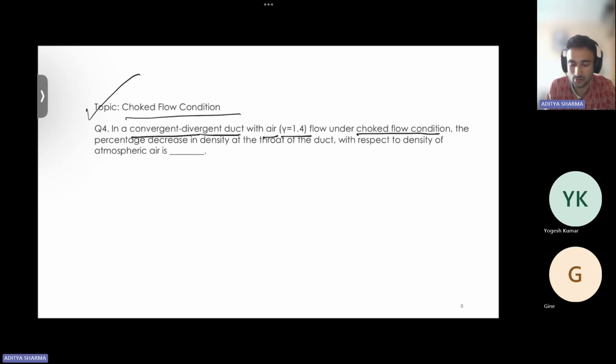So choked flow condition has been given. The percentage decrease in density at the throat of the duct with respect to density of atmosphere.